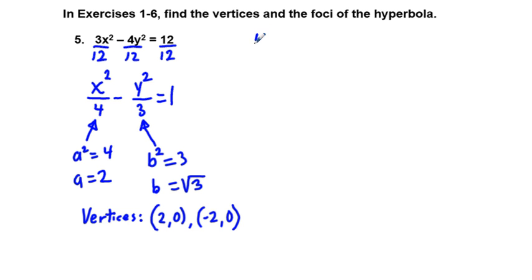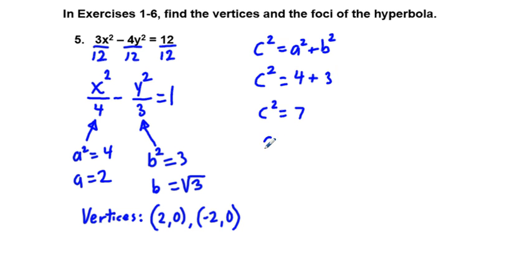And now for the foci, we have the equation as we had earlier, c squared equals a squared plus b squared. So c squared is equal to a squared, which is 4, plus b squared, which is 3. So c squared is equal to 7, and therefore c is equal to the square root of 7.